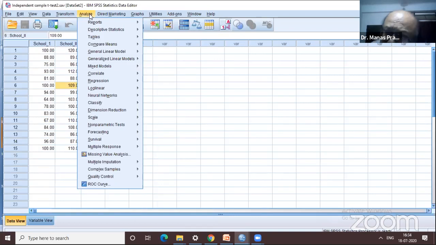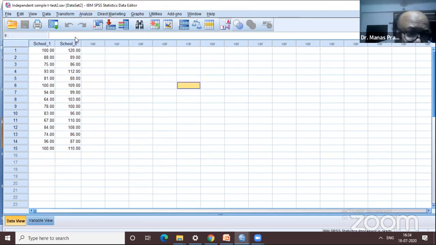In this test also, we have to arrange my data in a particular way. While conducting a two sample t-test, I cannot arrange the data like this. So what is the particular way? I have to copy this and put it here.